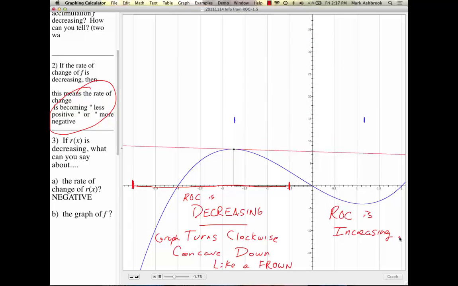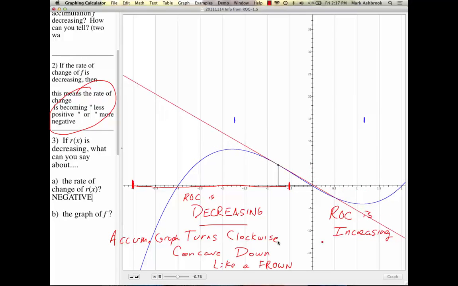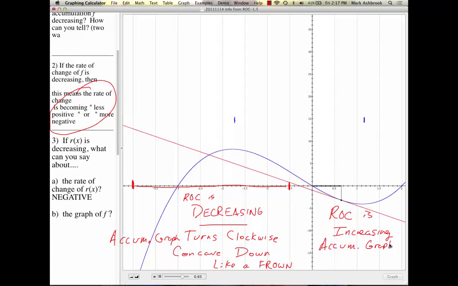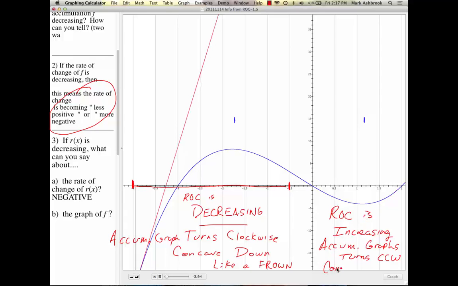So the graph, I should say accumulation graph, what does the accumulation graph do? Turns counterclockwise. Concave up. Like a cup.